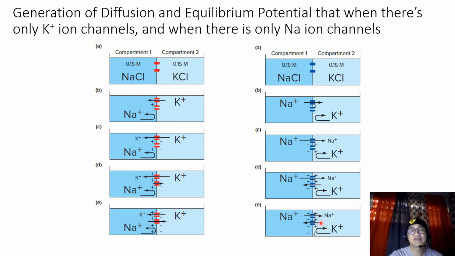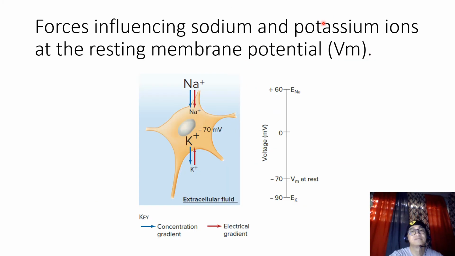But as you can see, at this equilibrium potential, there is a charge difference or membrane potential that is established because of the different concentration gradients and the different permeabilities of the membrane to different ions. For a given concentration gradient, the greater the membrane permeability to one type of ion is, the greater the contribution of that ion will make to the membrane potential.